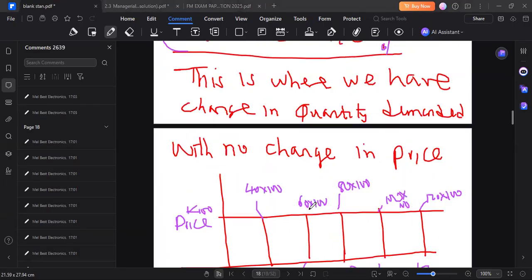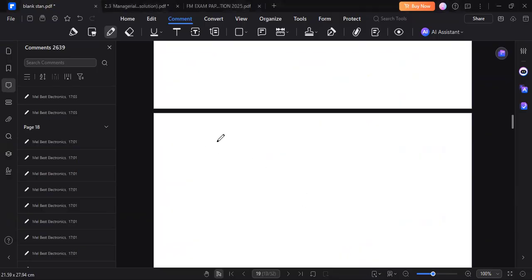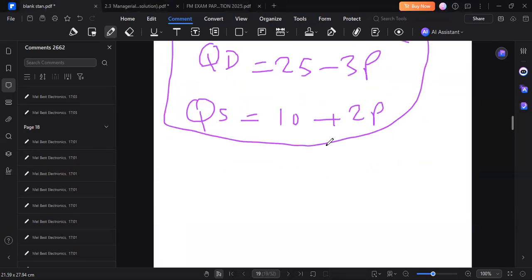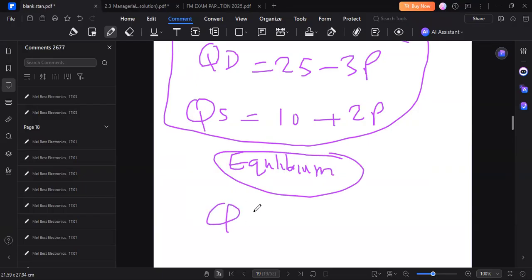Okay, so for this one, we have quantity demanded equal to 25 minus 3p, and supply is the same concept. So here at equilibrium, what do we have? Quantity demanded is equal to quantity supplied.